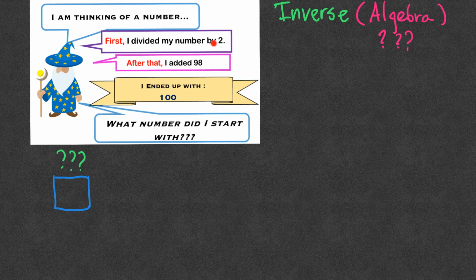So there were 2 steps before we ended up with an answer. What was the first step before we had our missing part? First, I divided my number by 2. So I'm going to write divided by 2. After that, I added 98.